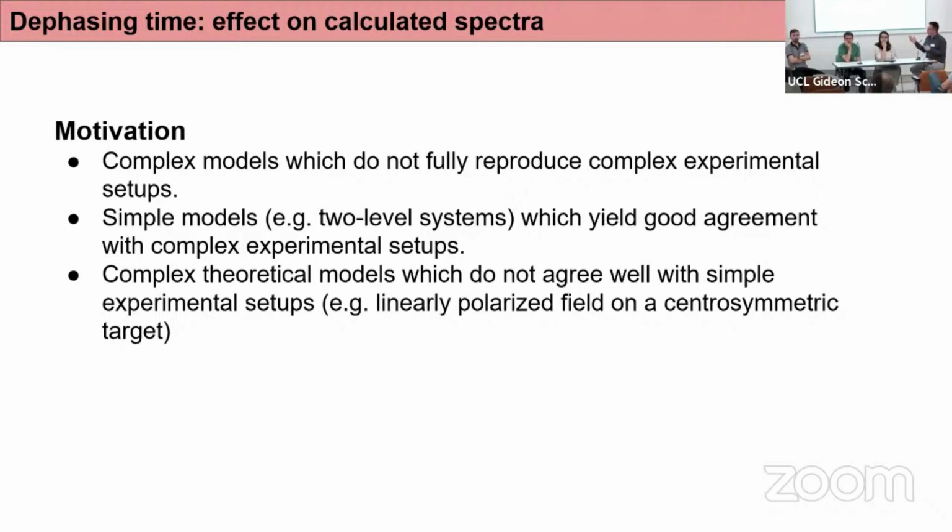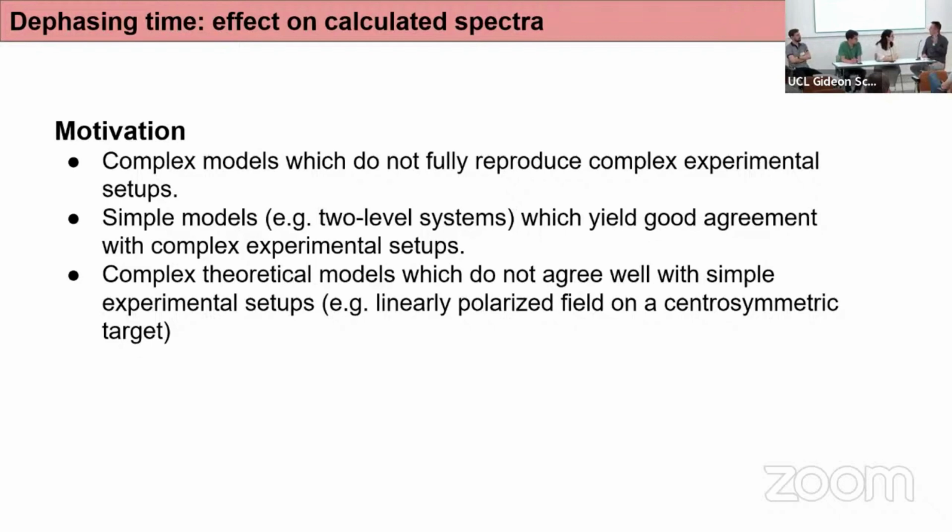Then you have another set of experiments which, even with a simple model, can describe really complex experimental conditions. Perhaps this is a positive surprise, or lucky, and perhaps it is a signal that the effect is so strong that even with a simple model you can describe those experiments.